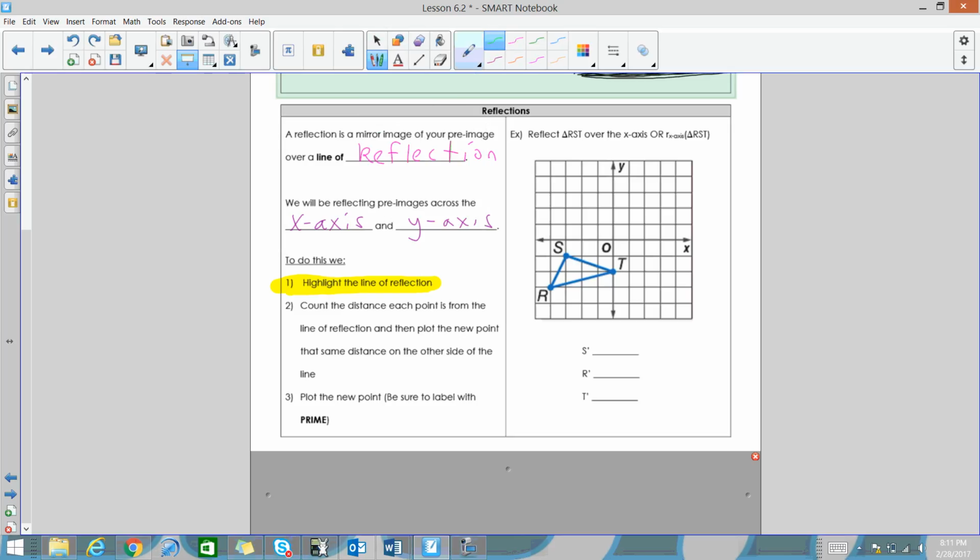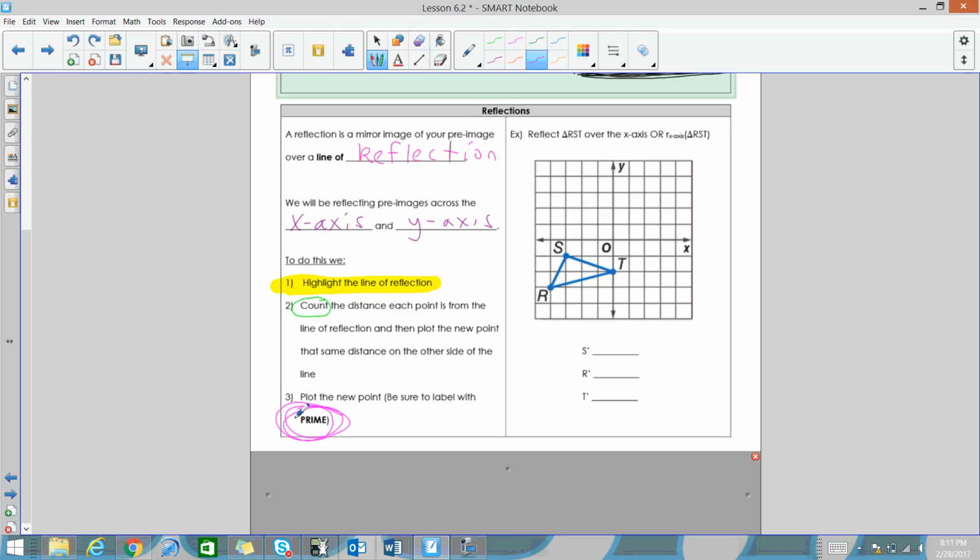To reflect, you count the distance that each original point is from the line that you highlighted. How far away? Once you've counted that distance, you go the same exact distance on the other side of that same line. That means your new point is your prime, so you need to make sure you label it prime.